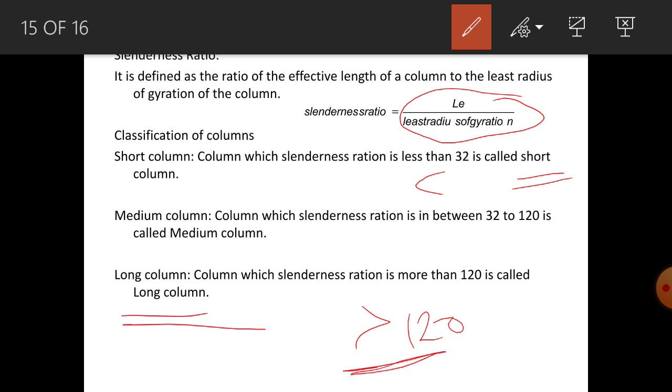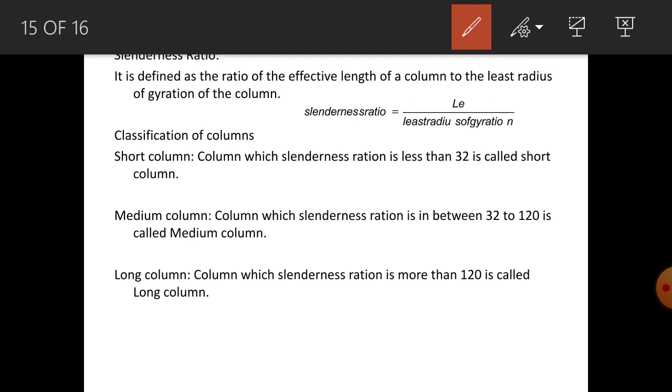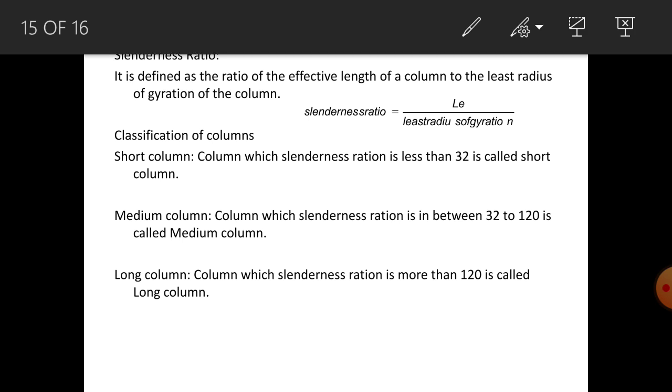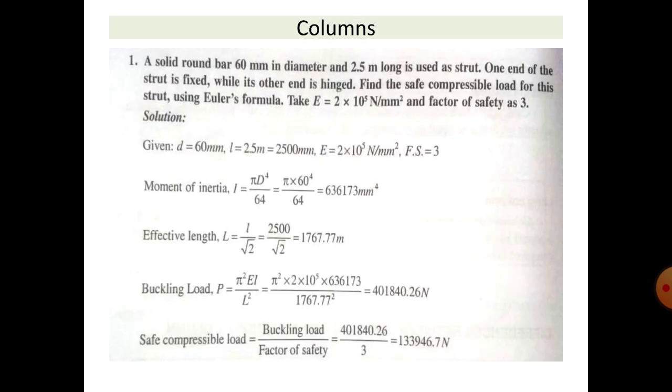Remember this important point. Euler's equation is valid only for long columns. So we know what a long column is and what a short column is. We will be solving only for long columns, so we will not have any other formulas here. Euler's equations are only valid for long columns.